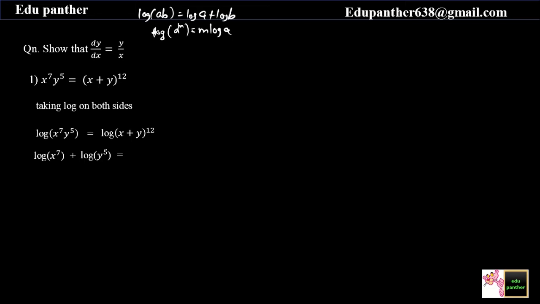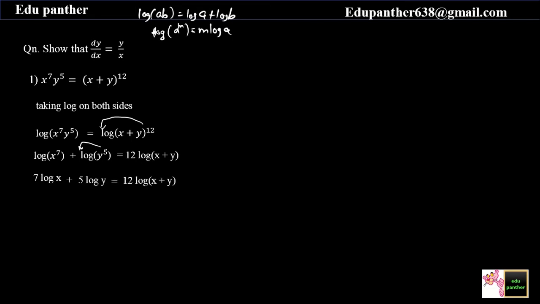Using these two properties, this 12 will come at the start here. So we'll get 12 times log of (x plus y). Similarly, for log x raised to 7 we can use that property, so that 7 has come here, 7 log x plus. Similarly, for log of y raised to 5 also we can use that property, so this 5 will come at the start. So it's 5 times log y is equal to 12 times log of (x plus y).